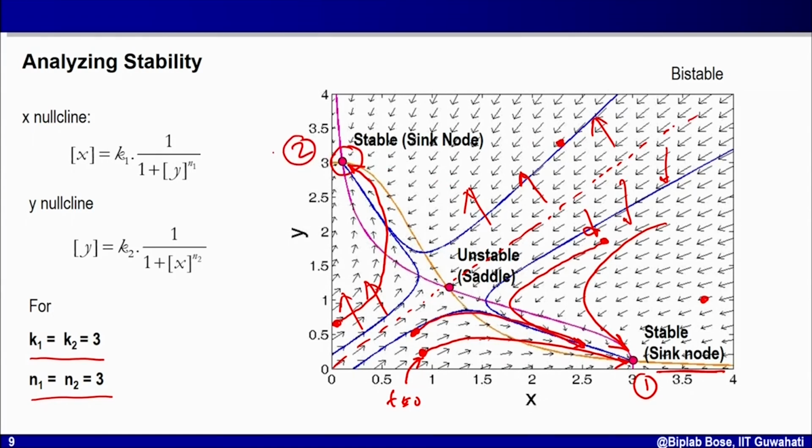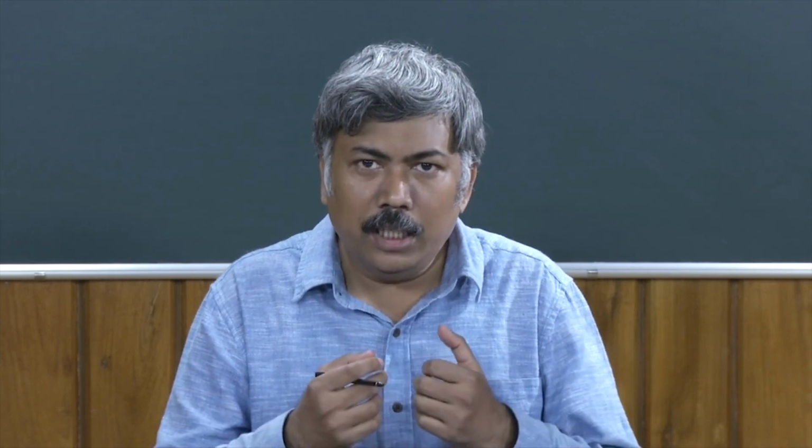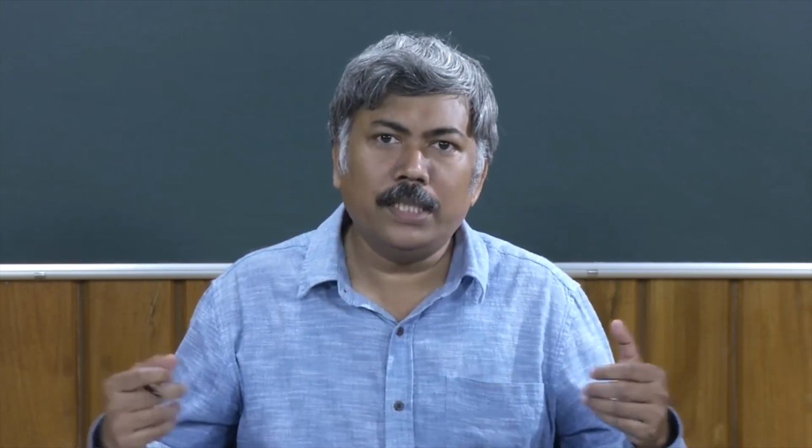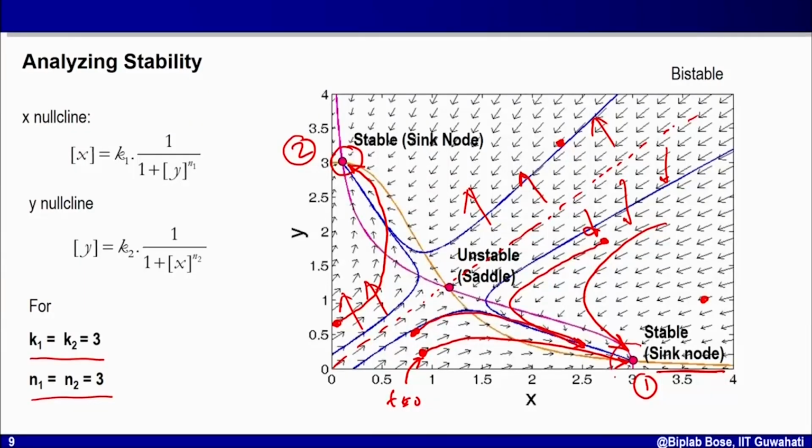So that means initially suppose I have a unimodal distribution of protein x and y, then if I allow the system to progress, eventually the population of cells will diverge into 2 populations. One population will go to the stable steady state of sink node 1, the other population will go to the stable steady state 2. So I will get a bimodal distribution.